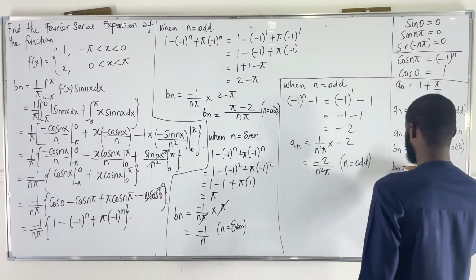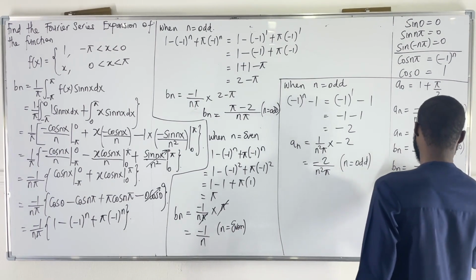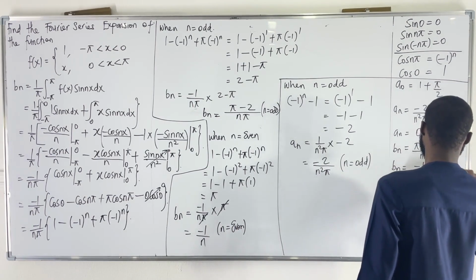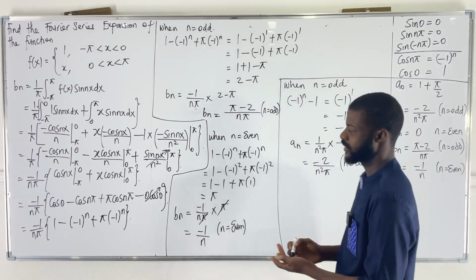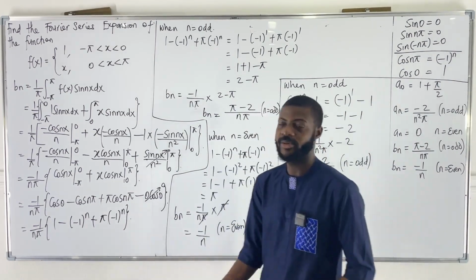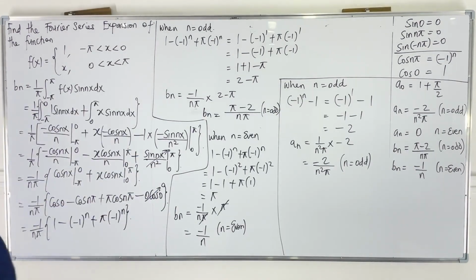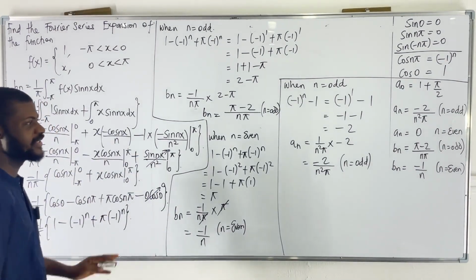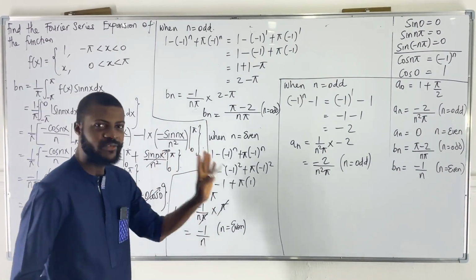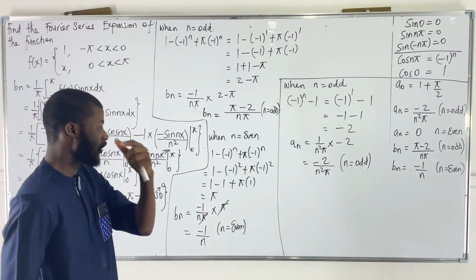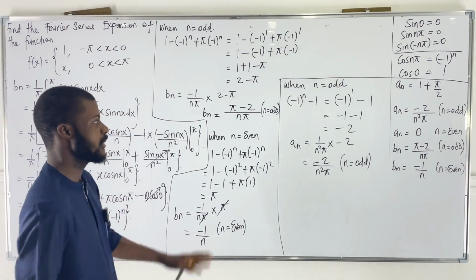So b sub n is minus 1 over n when n is even. This expression is very large for me to be writing, so I don't want to do that. Now it is time for us to get the Fourier series expression for this function. So let me wipe this board.